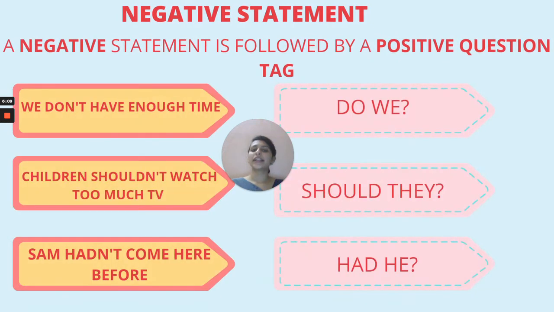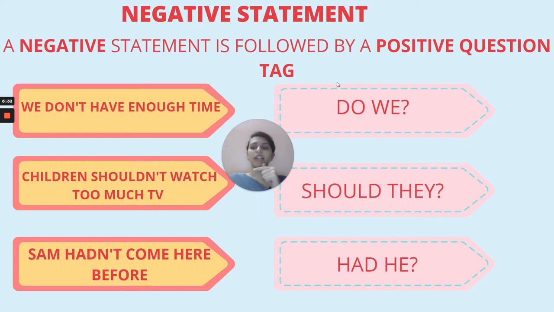Now, if you have a negative statement, you will have a positive question tag. Negative statement, positive question tag. Now let's look at a few examples. We don't have enough time. That is a negative statement. Now the question tag will be positive. Do we?